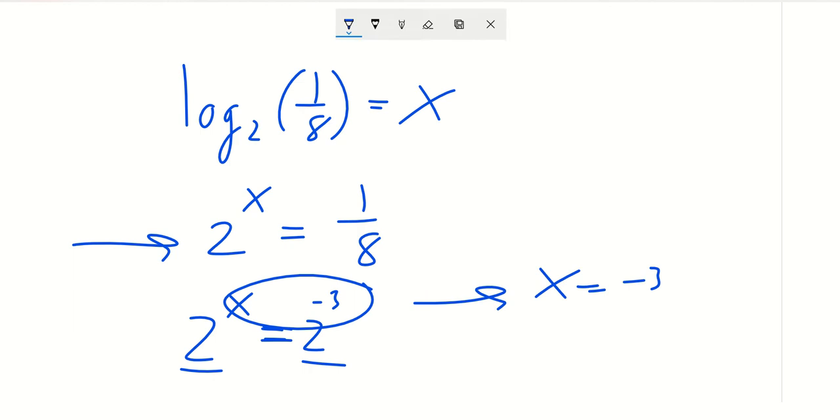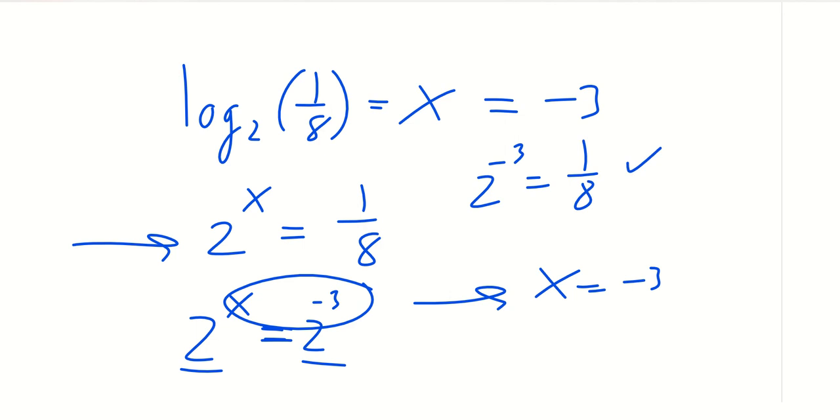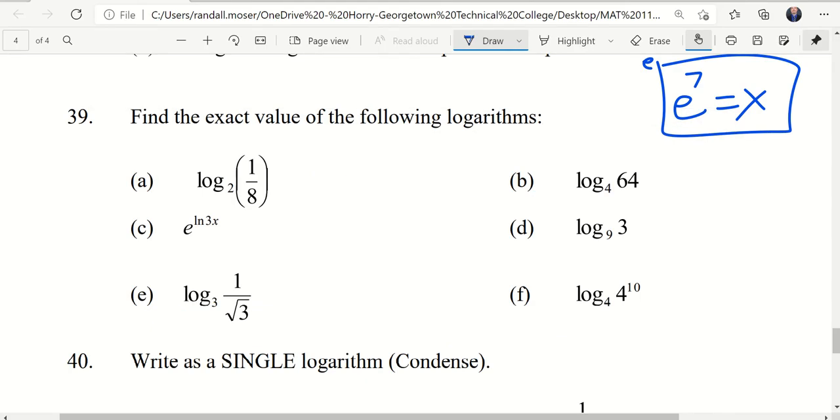So that's going to be negative 3. So log base 2 of 1/8 is equal to negative 3, precisely because if you take 2 to the negative 3rd power, that gives us a value equal to 1/8. So this is negative 3.